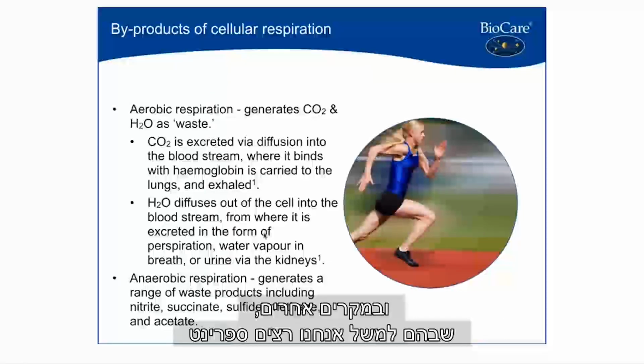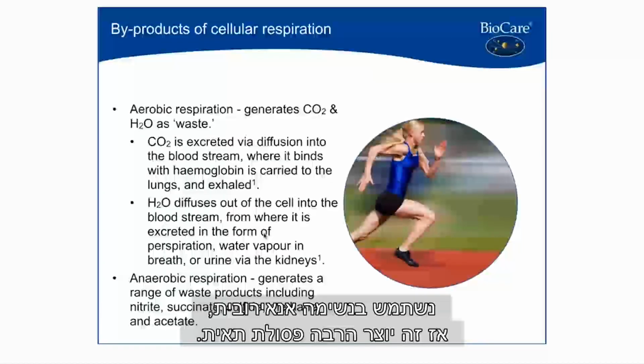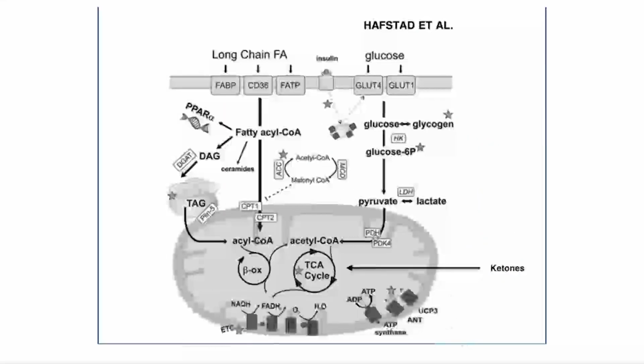In other cases where, for example, we are sprinting or doing anything that requires a short burst, we will be using anaerobic respiration. So this generates a lot of cellular waste, definitely a lot higher.